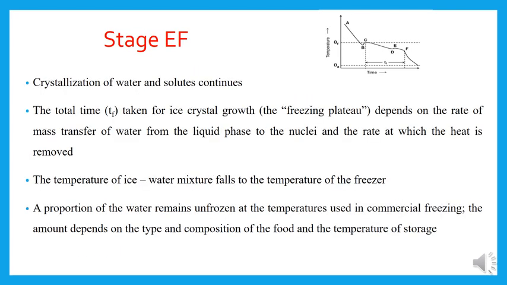Next is stage E to F. That is, crystallization of water and solute continues, and the total time TF, that is the freezing time taken, is determined by the rate at which heat is removed. Based on that rate, we will find out the time of freezing, the total time.